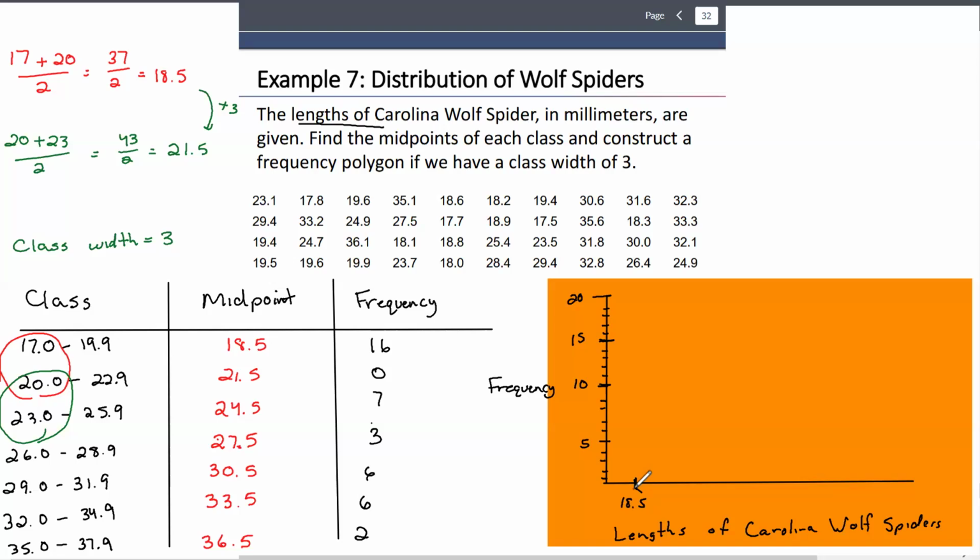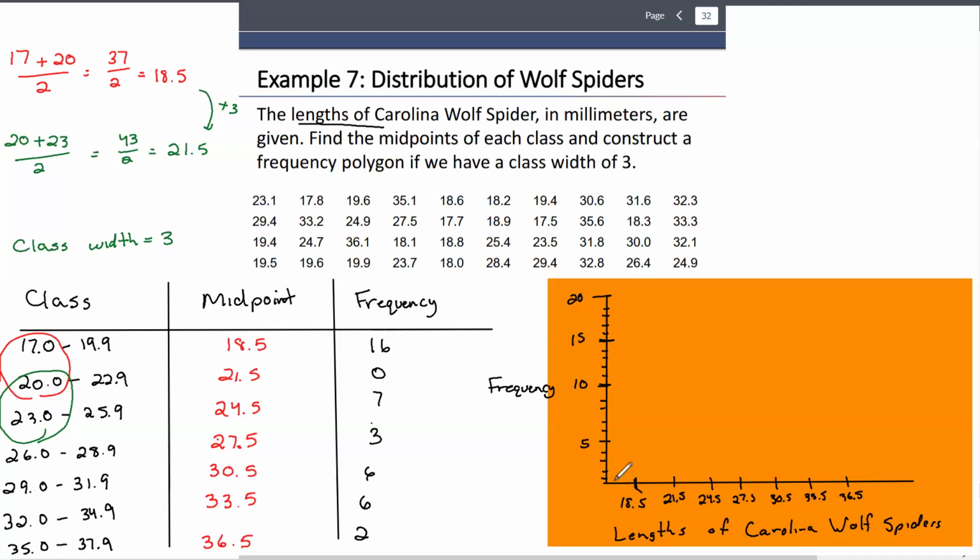And what we list here is just those midpoints. So we have an 18.5, a 21.5, a 24.5, 27.5, 30.5, 33.5, and then 36.5, because I have a little more room here than I thought.